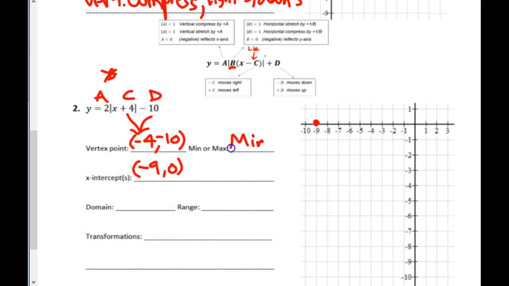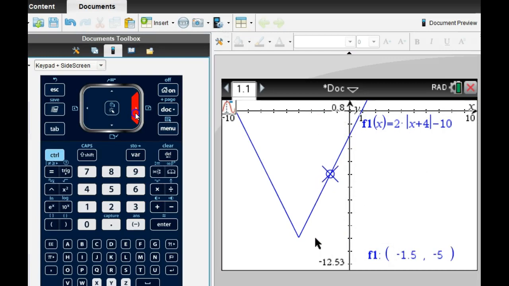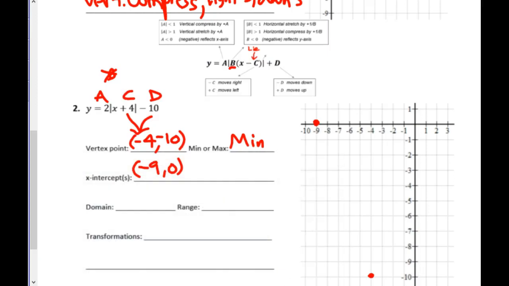And let's graph negative 4, negative 10. And then let's get that other x-intercept. 1, comma 0.